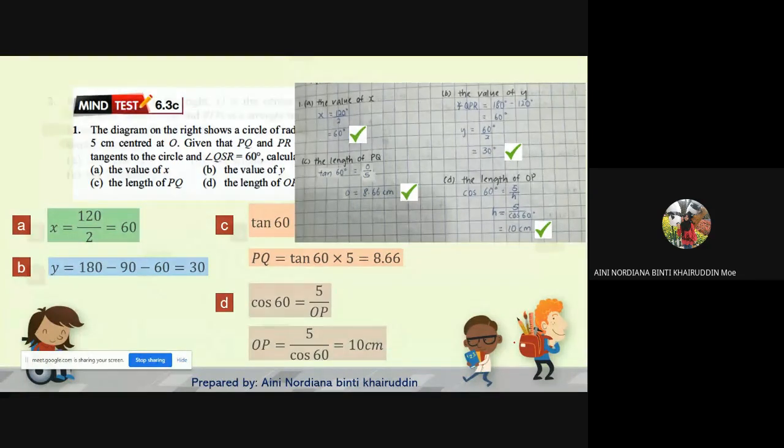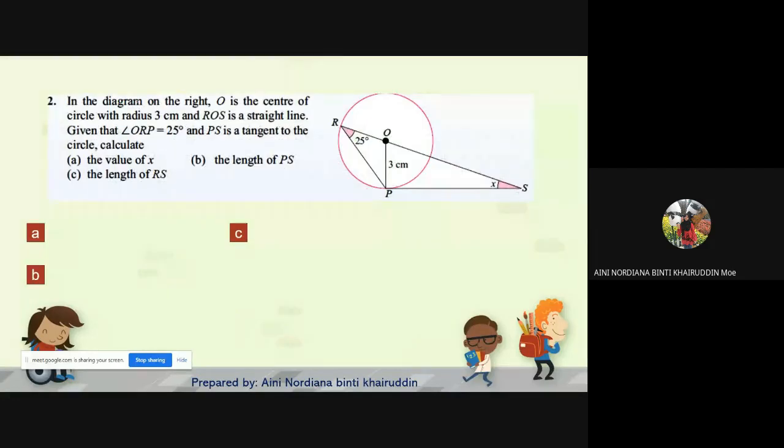Okay, next, question number 2. In the diagram on the right, O is the center of circle with radius 3 cm. ROS is a straight line. Given that angle ORP equals to 25, PS is a tangent to a circle, and calculate the value of X. So here is the X. OP is radius.